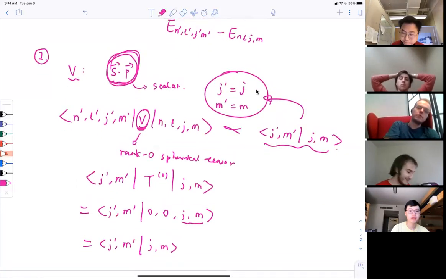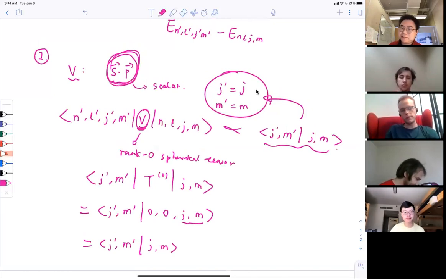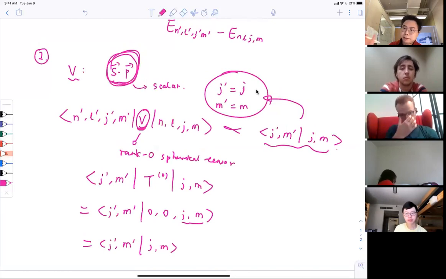Is it because a scalar is just a scalar, right? It's like a spin 0 object, yeah. Because it remains unchanged under rotation.